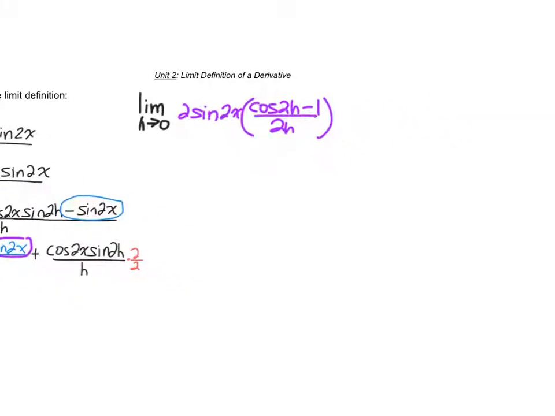And then same idea for the other one. I'll put them together, the 2 along with the cosine. So plus 2 cosine 2x multiplied by sine 2h over 2h.